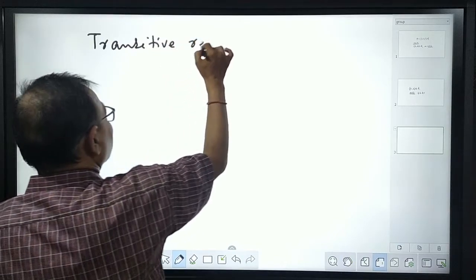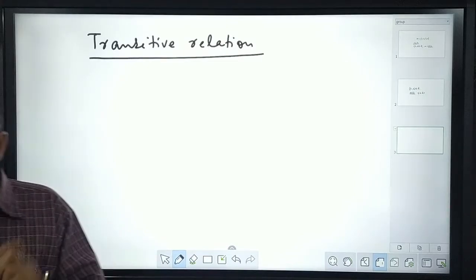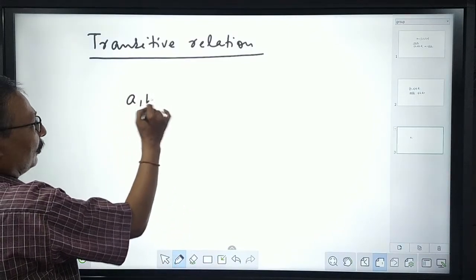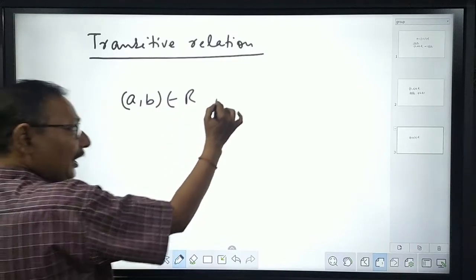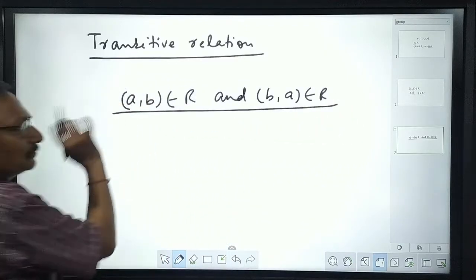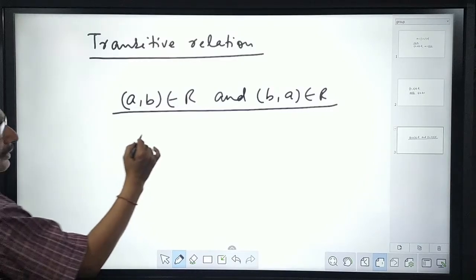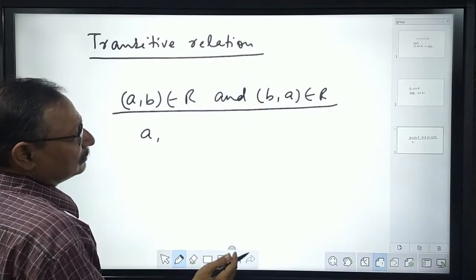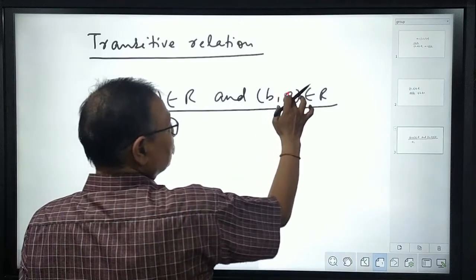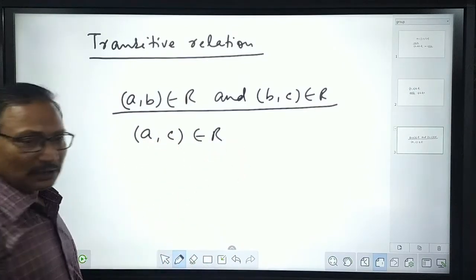and now the transitive relation. If we want to show any relation is transitive, then we should have two pairs from the given relation. As for example, if (A, B) belongs to R, and at the same time (B, C) belongs to R, then we have to check that (A, C) also belongs to R. I made a mistake earlier, it should be C. I'm repeating.